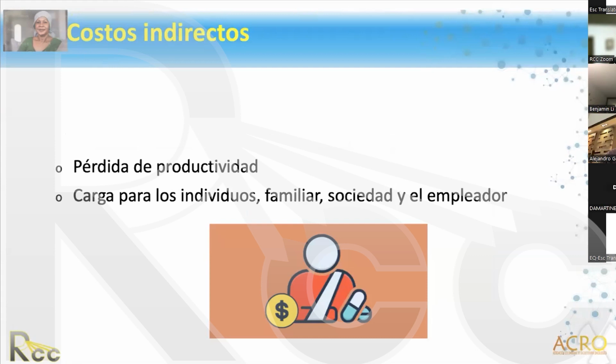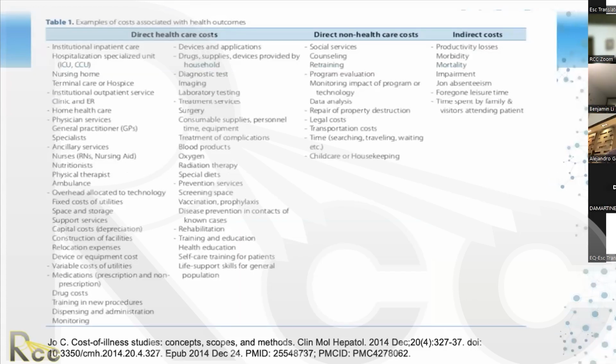A patient that cannot go to work, with one day of their life dedicated to healthcare, is not going to generate an income and will lose productivity. So there will be a load for the individuals, for the family, and for the employer.